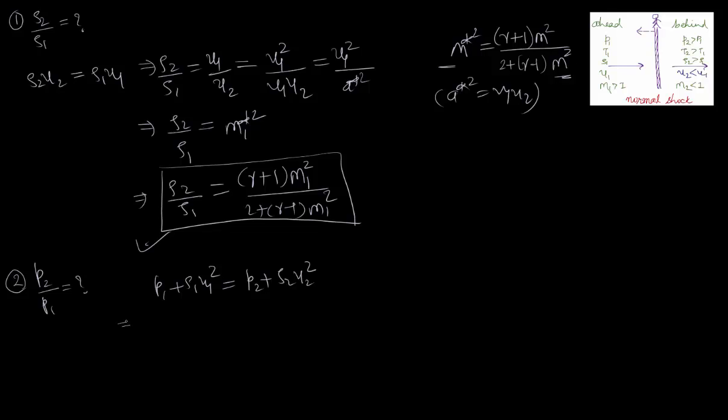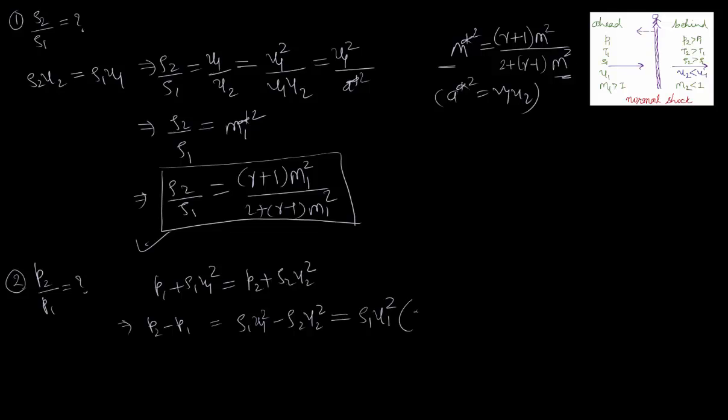This implies P2 minus P1 equals rho 1 U1 square minus rho 2 U2 square, and we know that rho 1 U1 equals rho 2 U2. We can take common rho 1 U1 square.